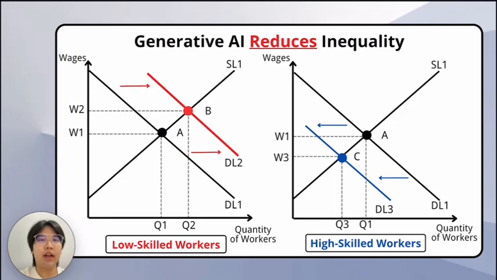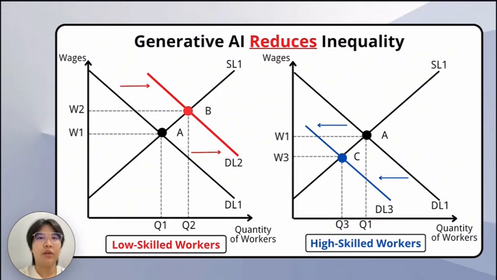Initially, the labor market for workers is at point A, where the quantity of workers is Q1 while their wage is W1. Assume that low-skilled workers can use generative AI to increase productivity. The demand for low-skilled workers increases. DL1 shifts to the right to DL2.